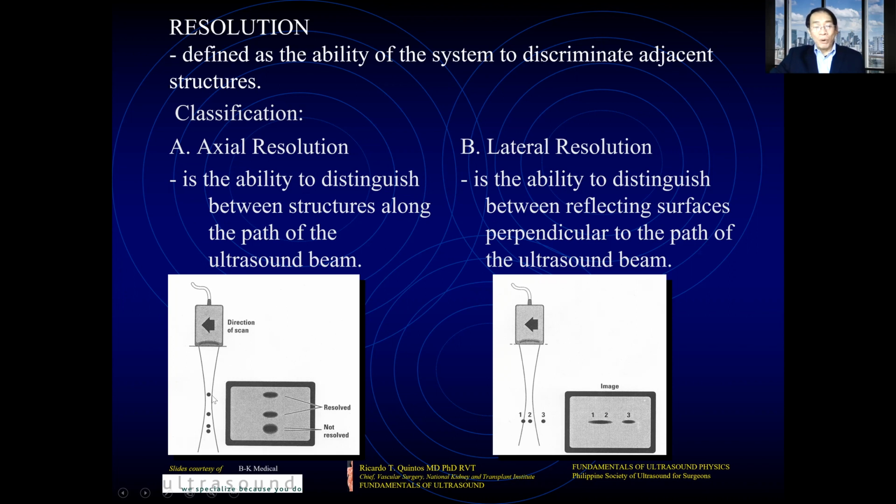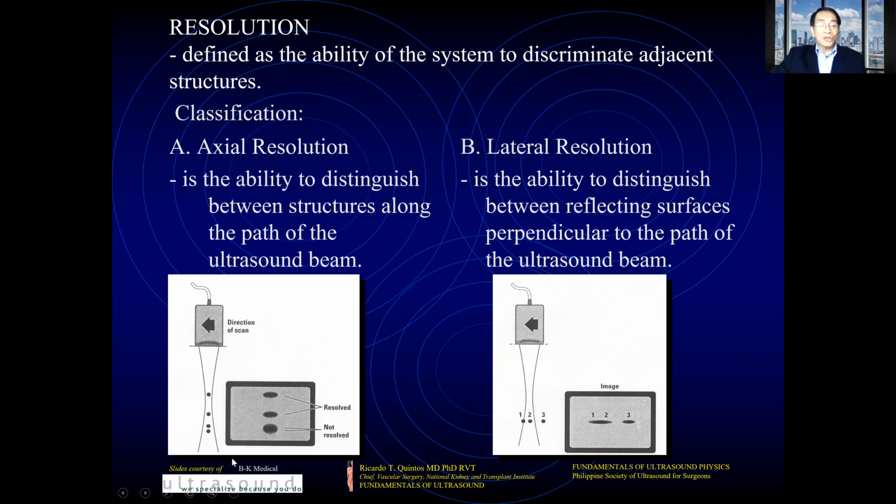So if this is your focal point over here, and these are your target organs of interest, at the focal point you will see that the target structure is well resolved. At the focal point, these two structures can be seen as two different structures, so they are well resolved.